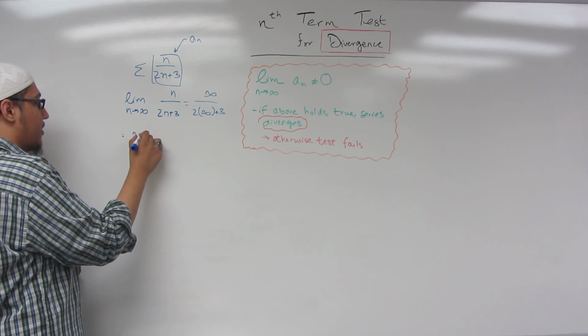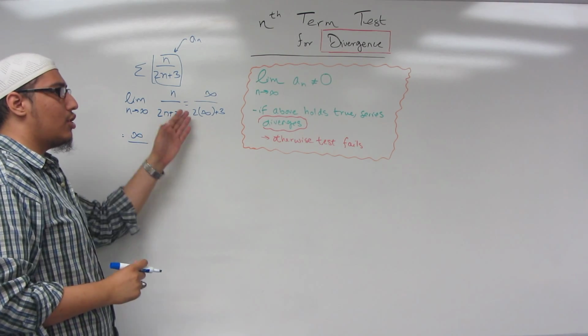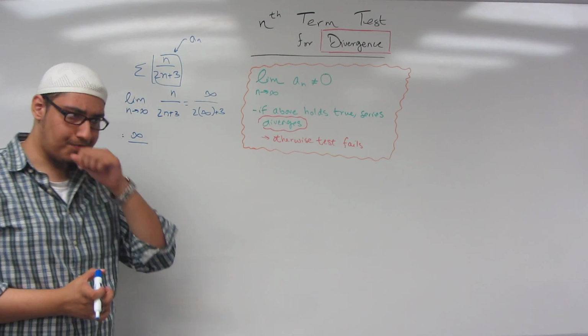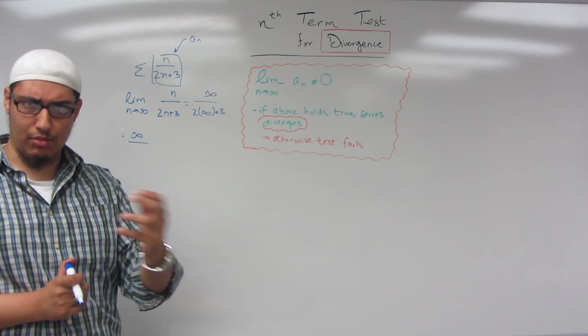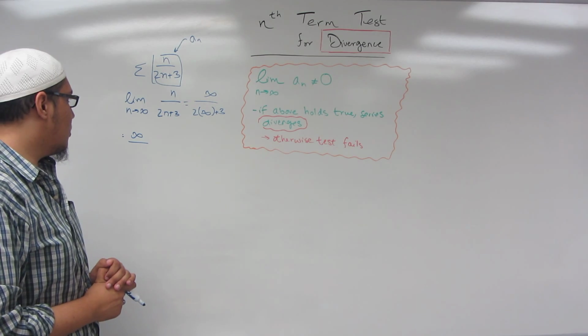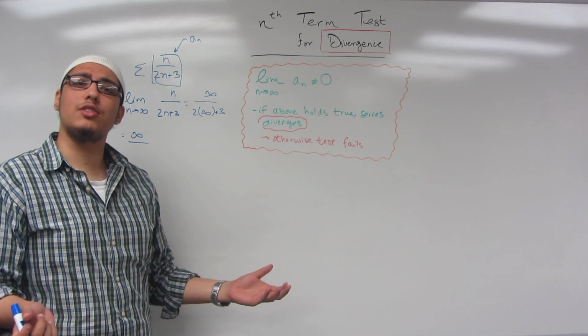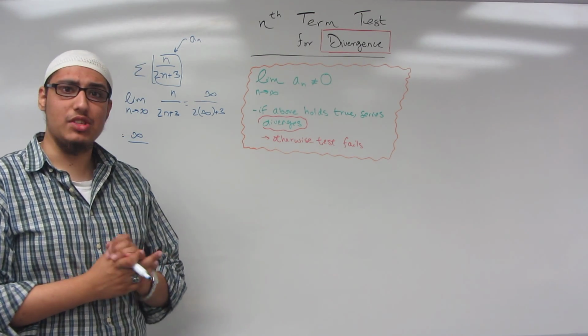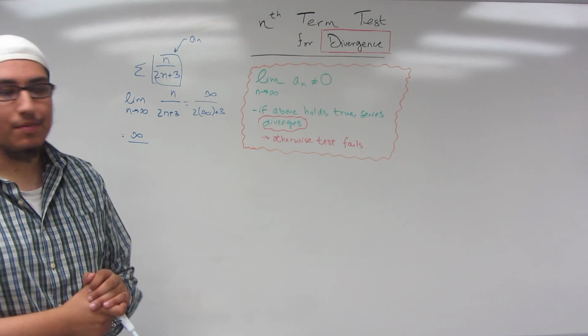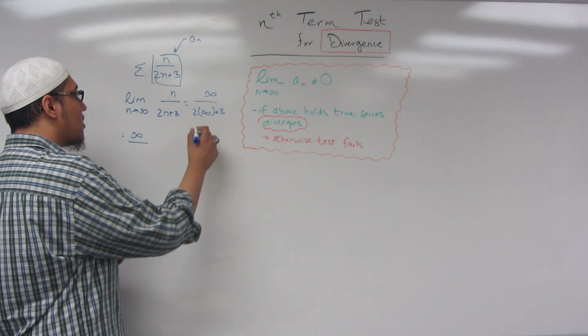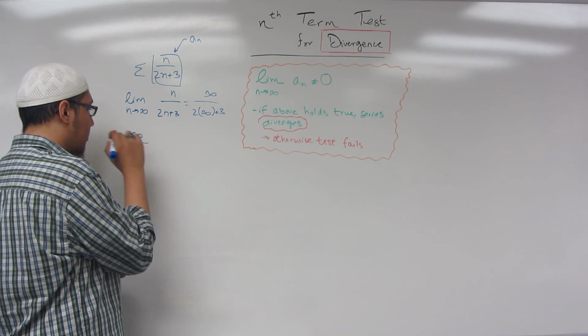This comes out to be infinity divided by 2 times infinity. Well, let's think about this. Infinity is a really, really large number. So 2 times a really large number ends up being just a really large number. Now, a really large number plus a 3, well, that's still a large number. So in other words, this term down here simplifies down into infinity.